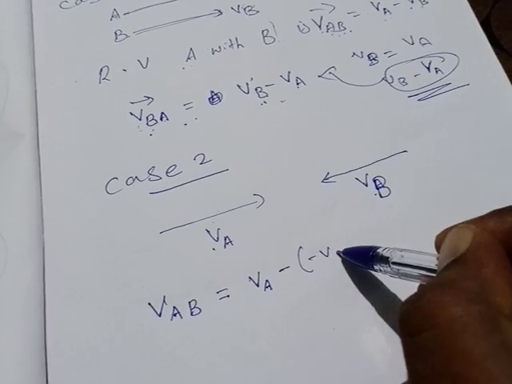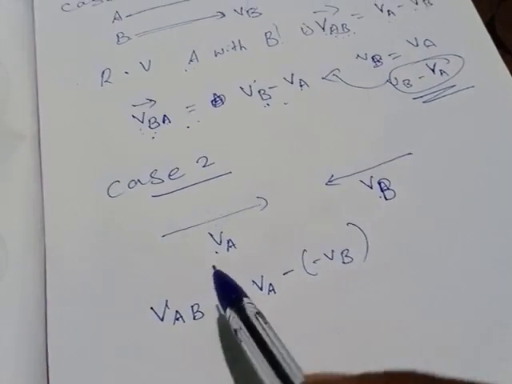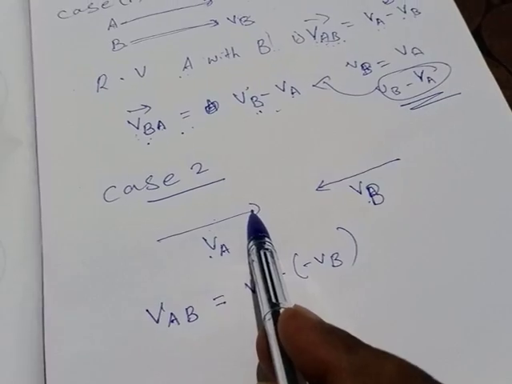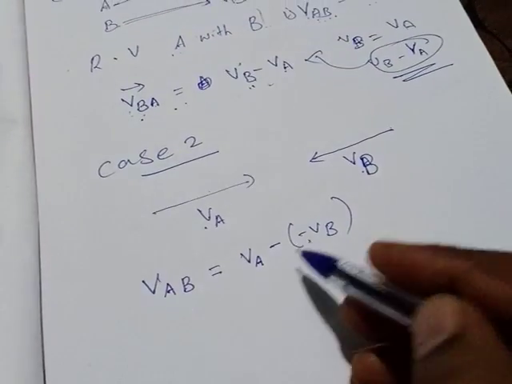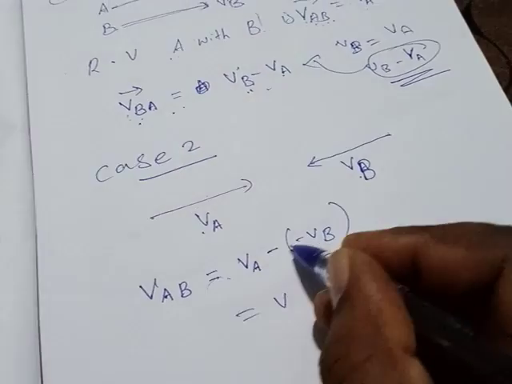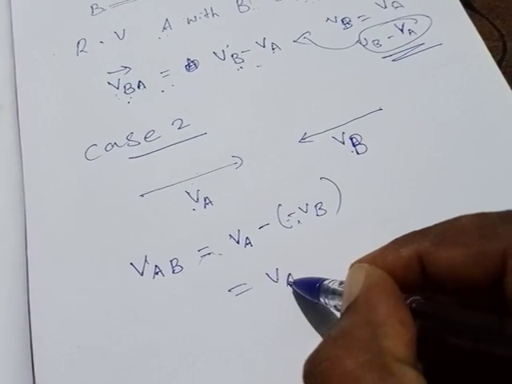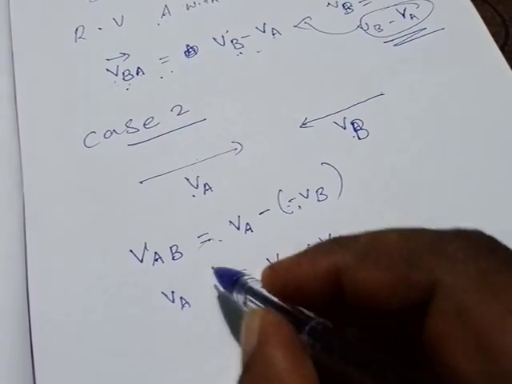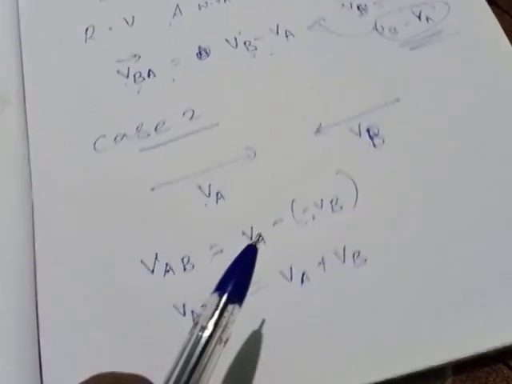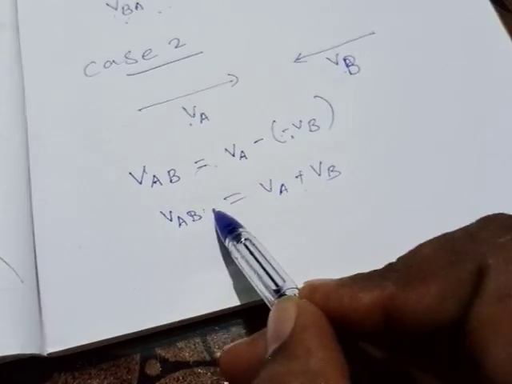VA is moving in this direction, VB moving opposite to this, so minus VB. Minus into minus is plus. So VA plus VB. This is the relative velocity of object A with respect to B.